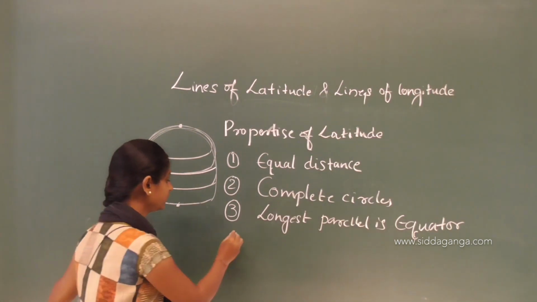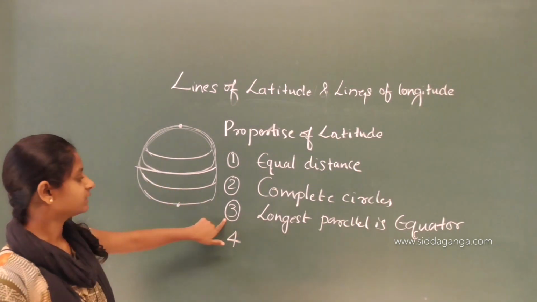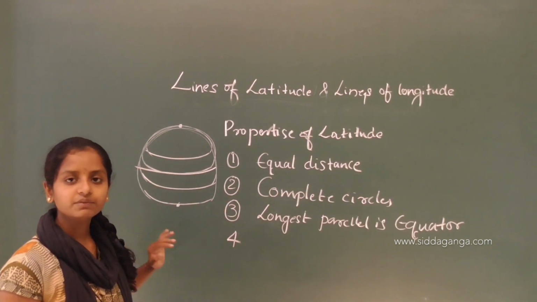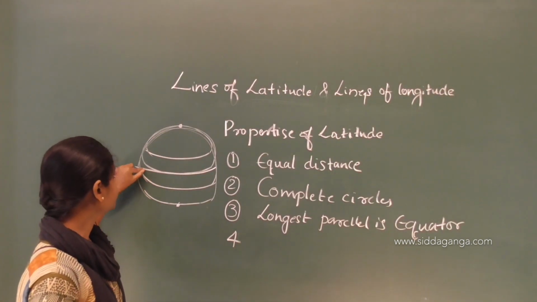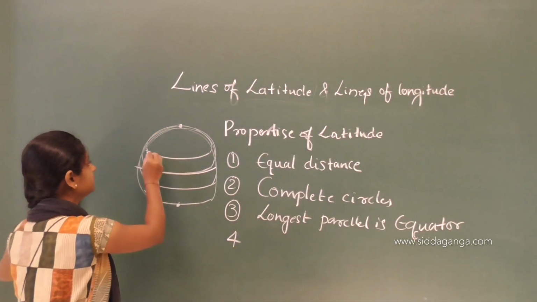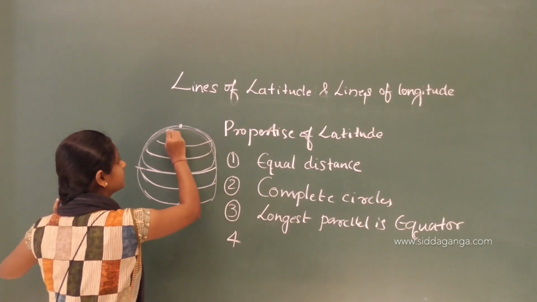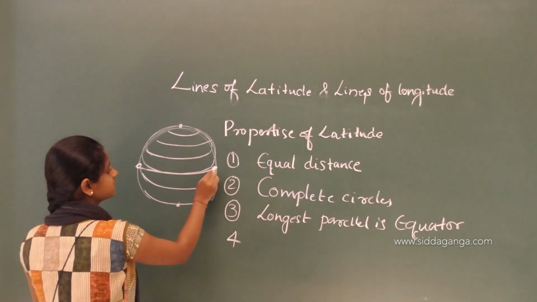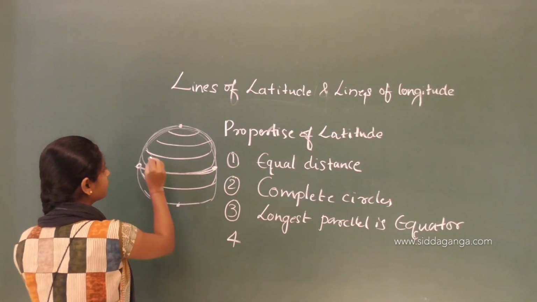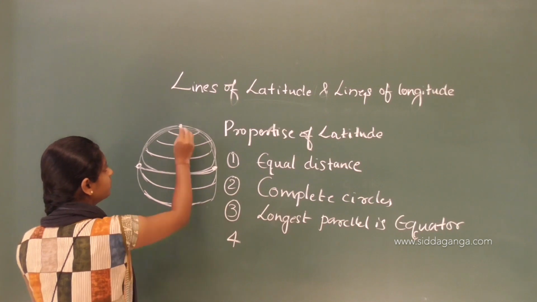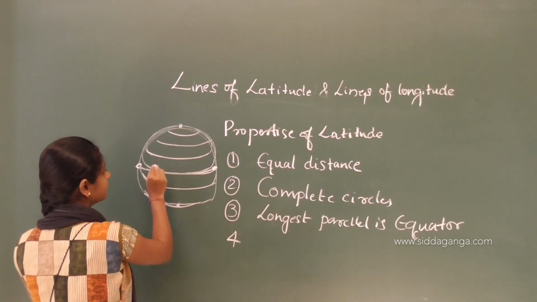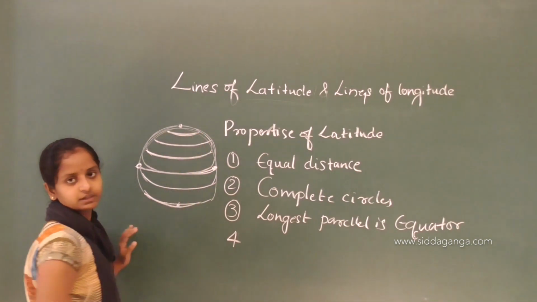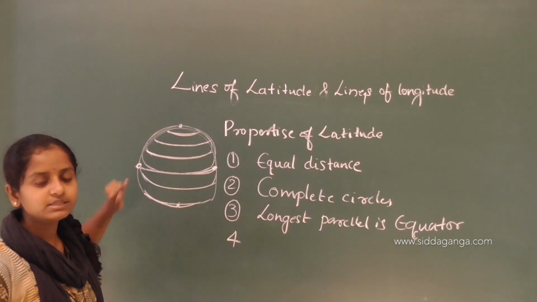We have seen in the third one that the equator is the longest parallel, but when we go from the equator to the poles, the length decreases. Understood?